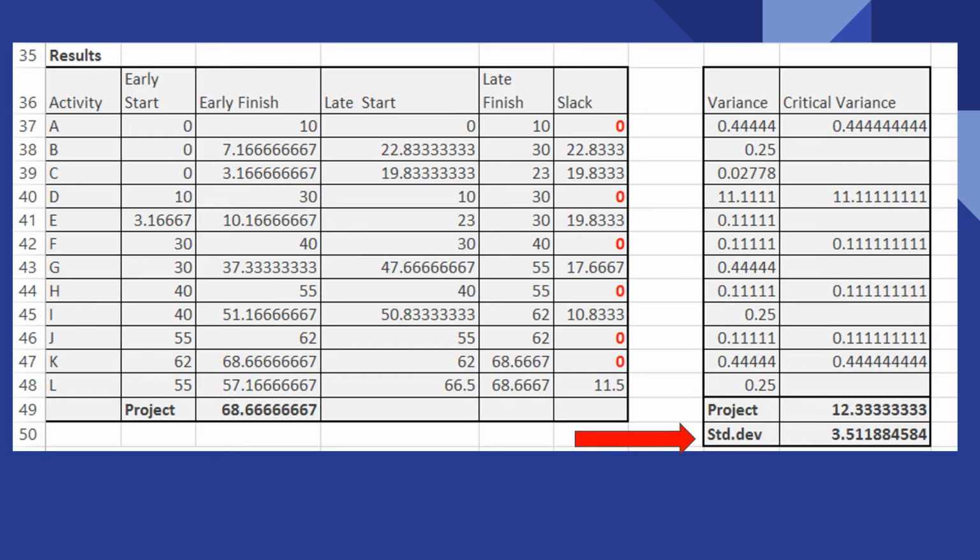Again, we have determined that our project is 68.67 days, with a project variance of 12.33 and a project standard deviation of 3.51.